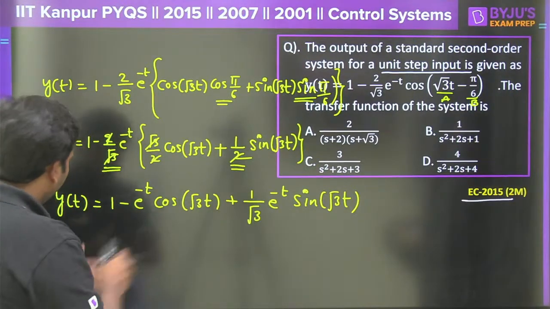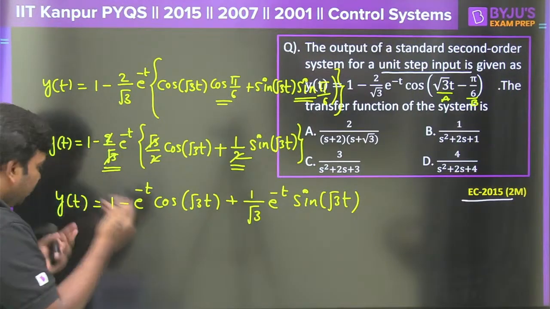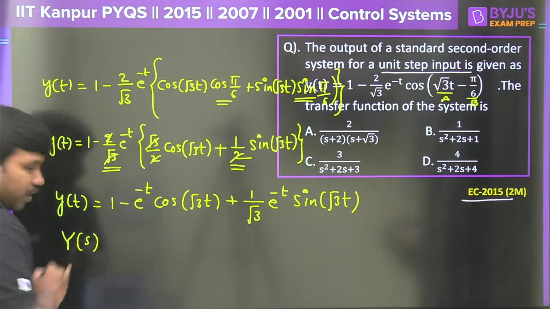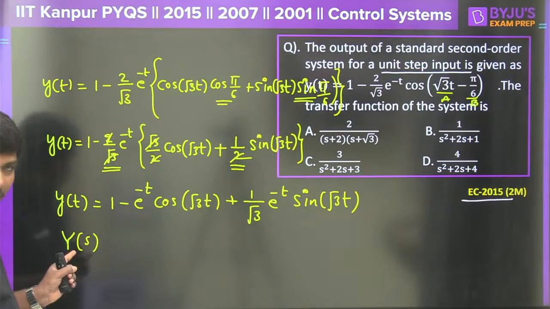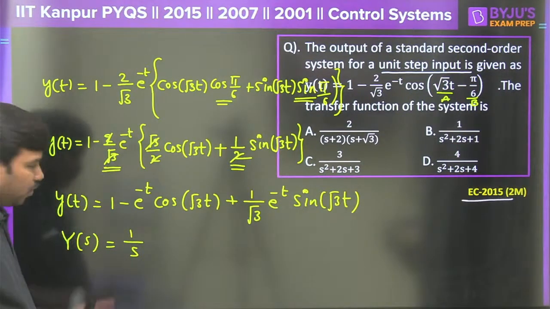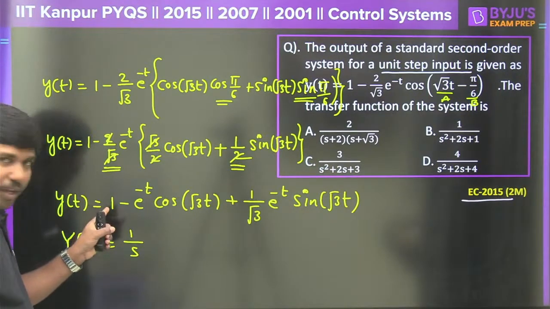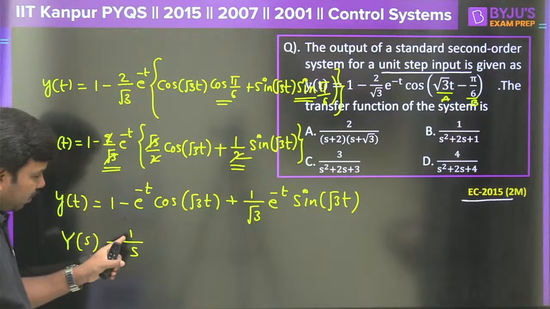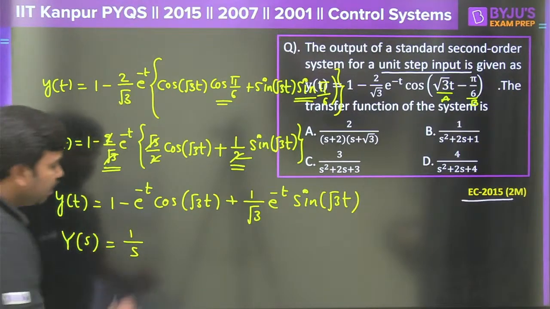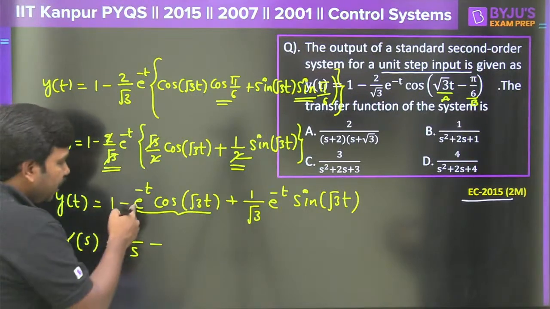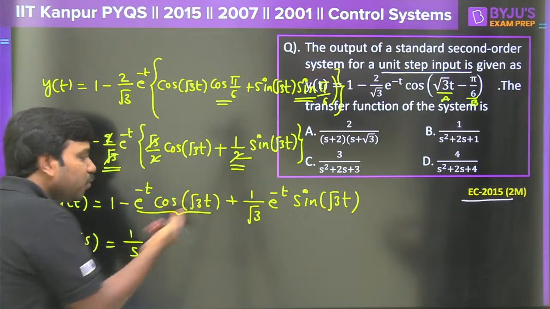Fine. Anyway, if I go for the Laplace transform of this, it will become y of s. This is going to be 1 by s, because it is a unit step input u of t. When I apply the Laplace transform for 1, you will get 1 by s, right? Minus, what about the Laplace transform for this one, e power minus t into cos of root 3 t?